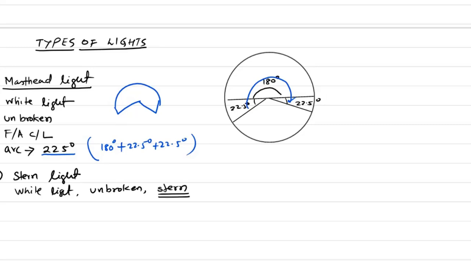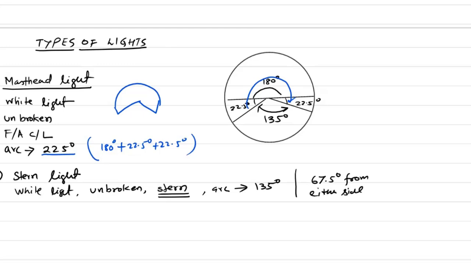Now you need to do some deep study. Arc of horizon is how much? 135 degrees. Correct. 135 degree. And there is further explanation that if you see from either side, then it should show 67.5 degree from either side.